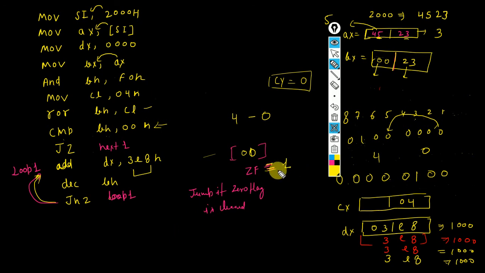So this JNZ instruction is not executed here. Move to the next instruction. This is a label, and in front of it the next instruction is next 1.